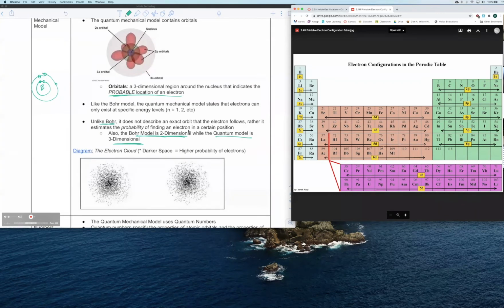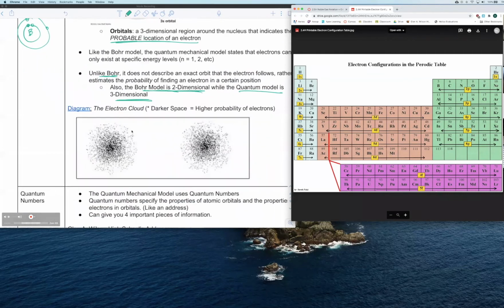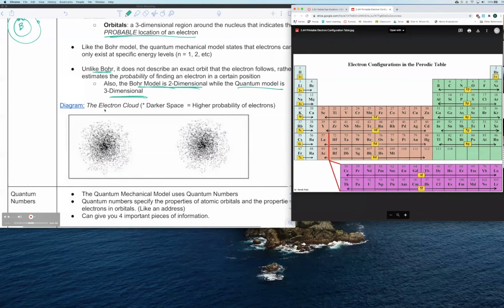And how scientists figured that out was they mapped out and saw something called the electron cloud. So if you look here, you can see this is actually an s orbital. And how I know that is because it's sphere shaped, right? You can see it looks like a sphere. And this shows the probability of where the electrons in this s orbital are going to be.